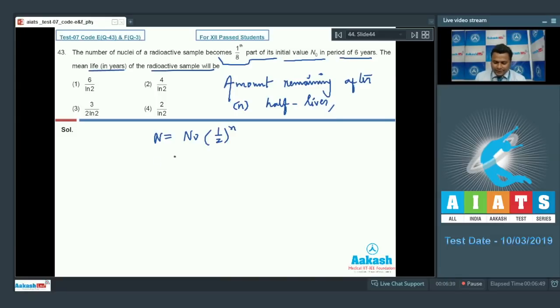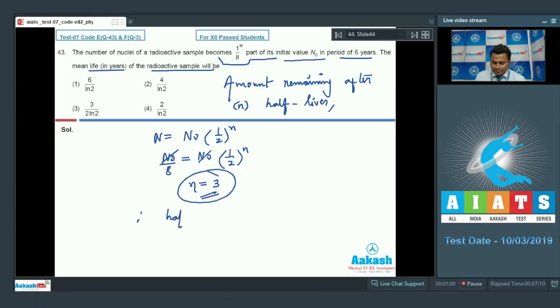N is 1/8 of original, that is N0 upon 8 equals N0 (1/2)^n. After solving we get the value of n as 3.